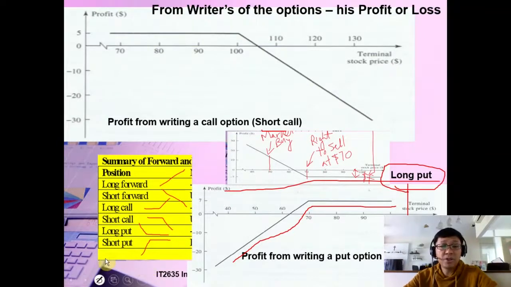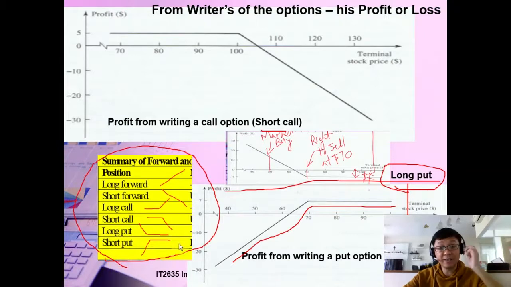So in summary, this summarizes the payoff charts that we have been talking about all the while. The long forward chart will look like a positive gradient, sloping up. Short will be the mirror. Long call, we saw this flat and then go up. Short call will be the other way. Long put is this way, going down and then flat off, and then short is this.